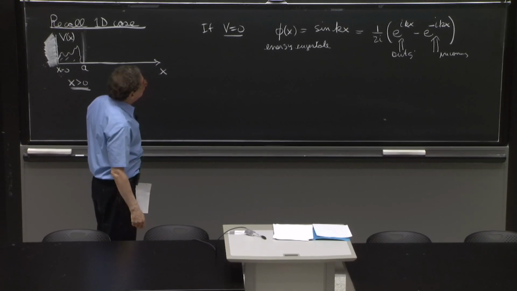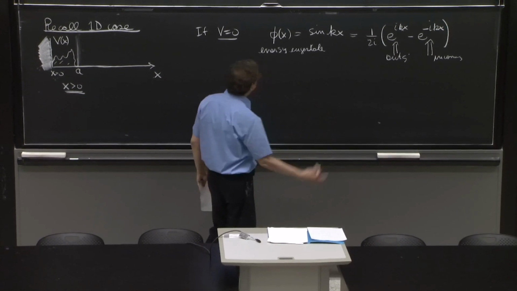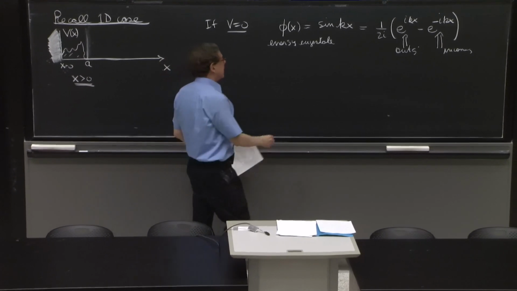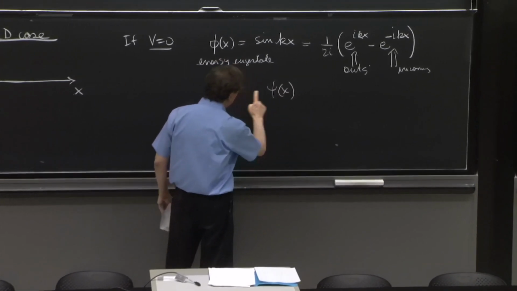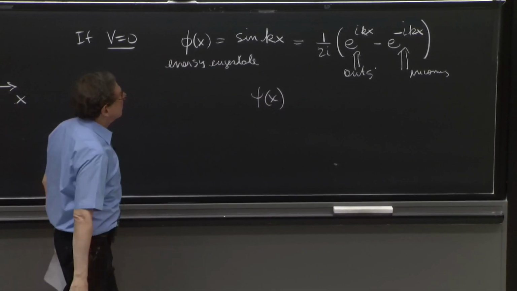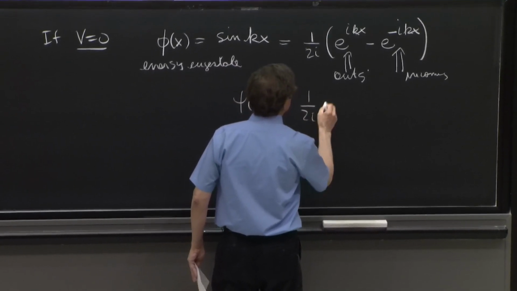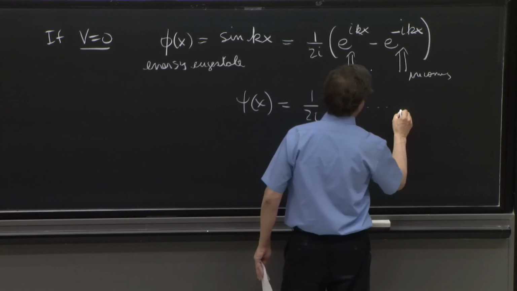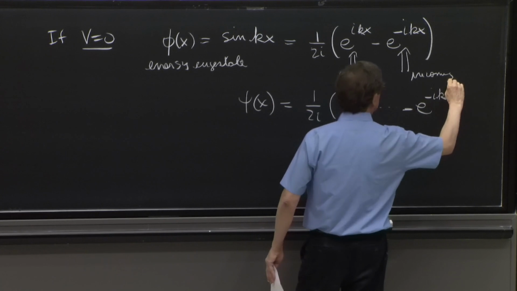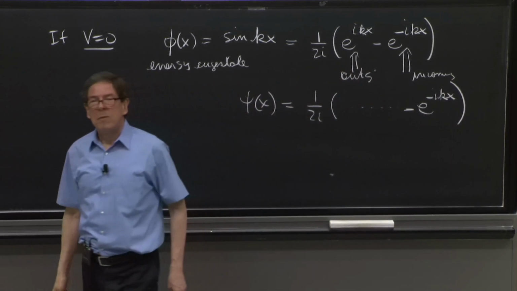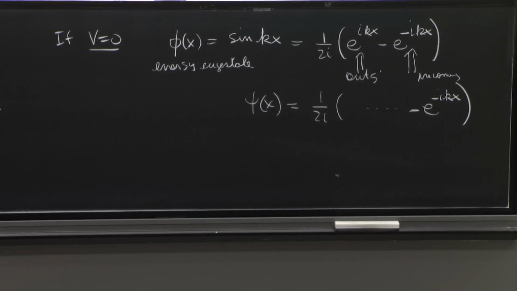What we try to do is to write a scattering solution corresponding to the same physics. So the scattering solution, psi of x, the full solution, is going to have the same incoming wave, because that's the physics that we're trying to understand. We put the same incoming wave, and we try to see what happens.